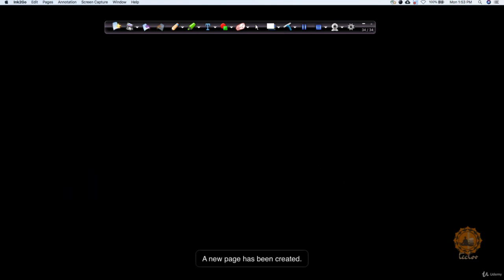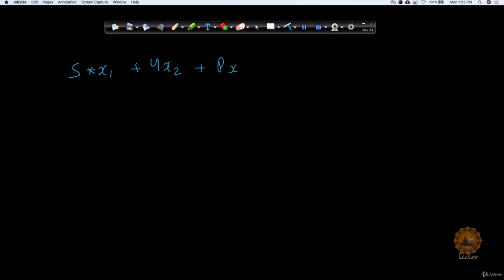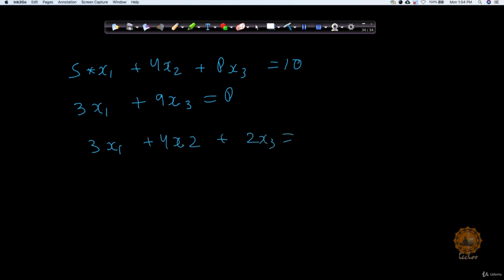Now let's say there is an equation something like this. There are three equations which I'm going to create. So 5 x1 plus 4 x2 plus 8 x3 is equal to 10. After that we have 3 x1 plus 9 x3 plus 8 is equal to 8, and similarly 3 x1 plus 4 x2 plus 2 x3 is equal to 5.